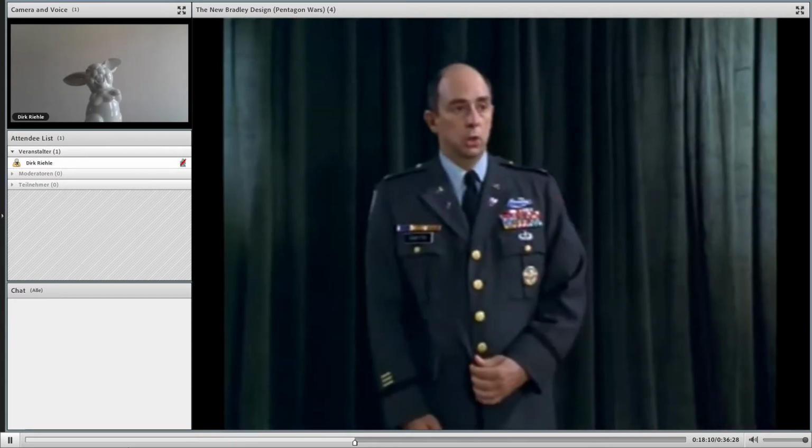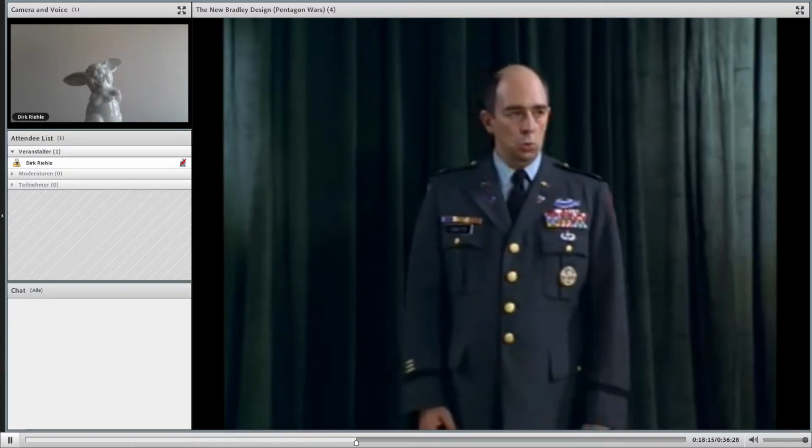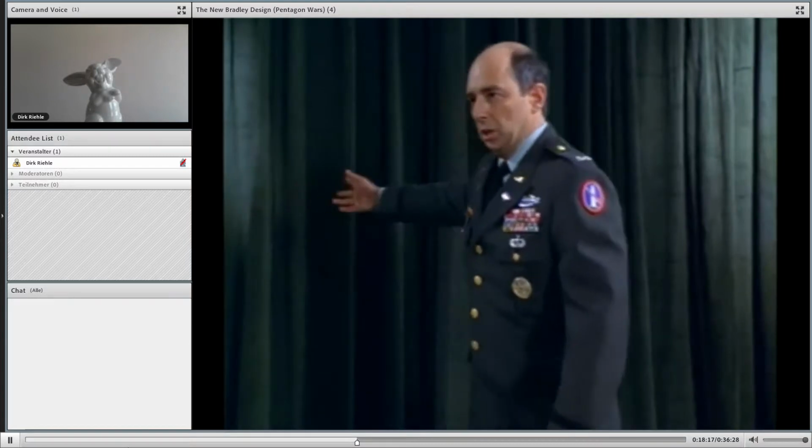We are pleased to present a scale model of the new Bradley fighting vehicle.